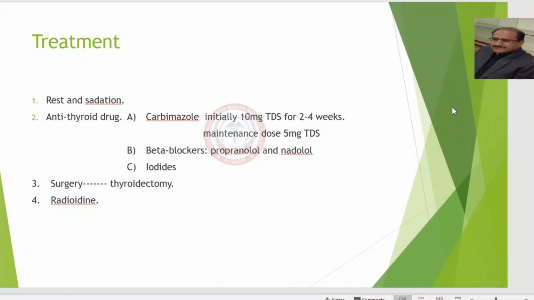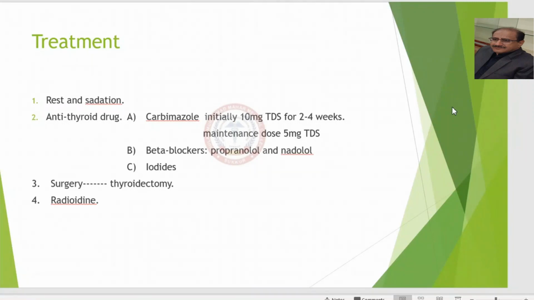Beta blockers are used, propranolol and atenolol. Propranolol is used in doses of 40 milligram BID or TDS. Because of the sympathetic stimulation, beta blockers will control the sympathetic stimulation and the tachycardia, palpitation, and other agitated excitability, which will all be controlled by the beta blockers.